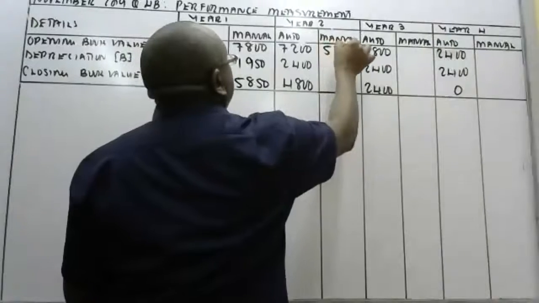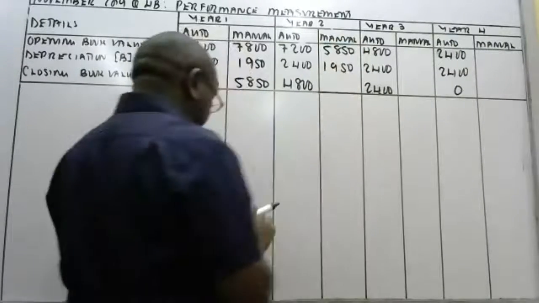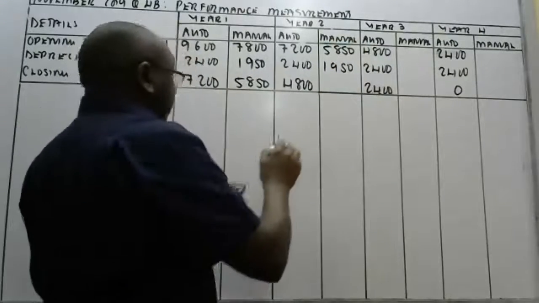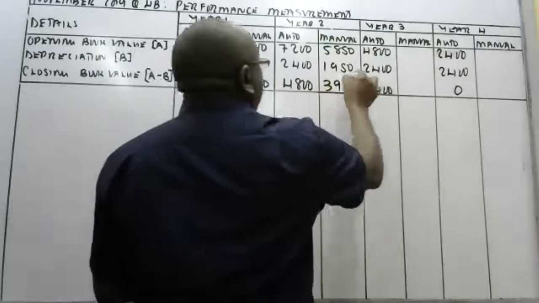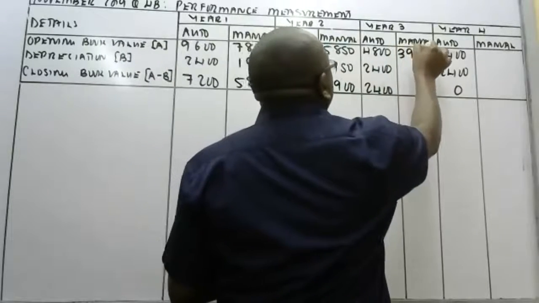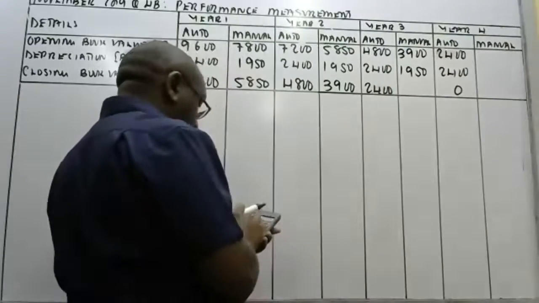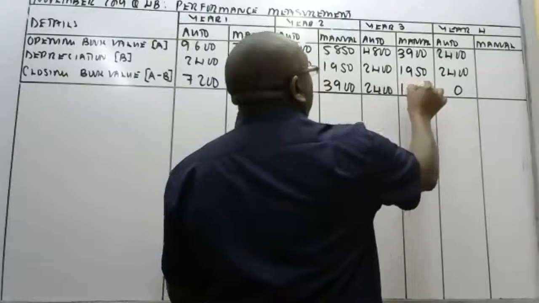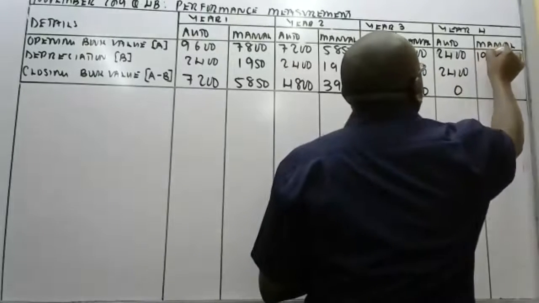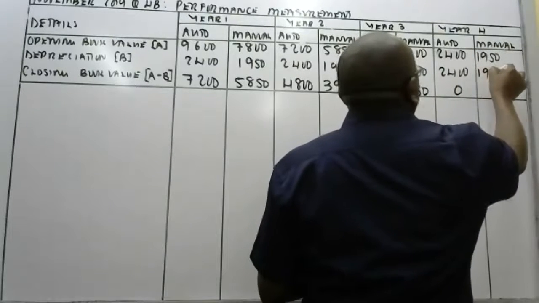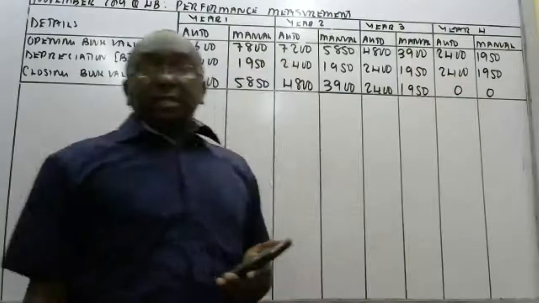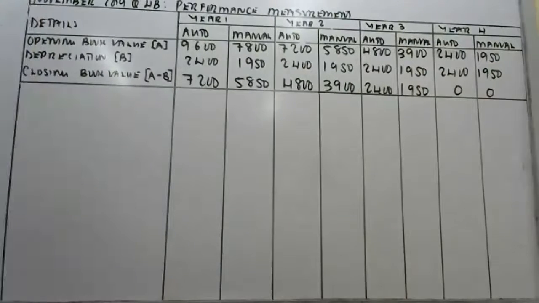Then 5850, you less 1950, that gives you 3900. That opens the third year. You less 1950, you are left with 1950. Then 1950, you less 1950, you get 0.